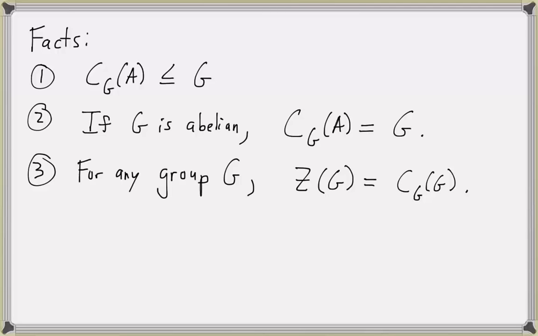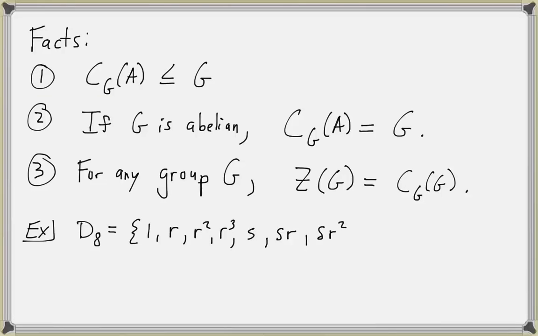Now let's look at an example of a centralizer. So consider the set of symmetries of a square, D8, which consists of the elements 1, r, r squared, r cubed, s, sr, sr squared, and sr cubed.